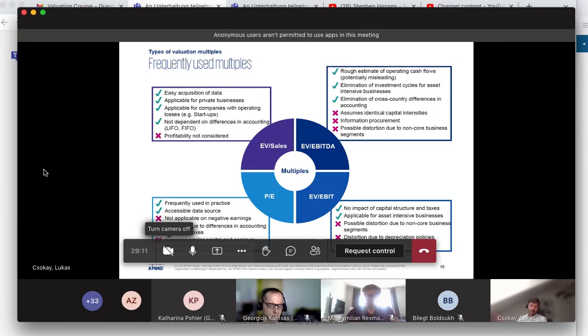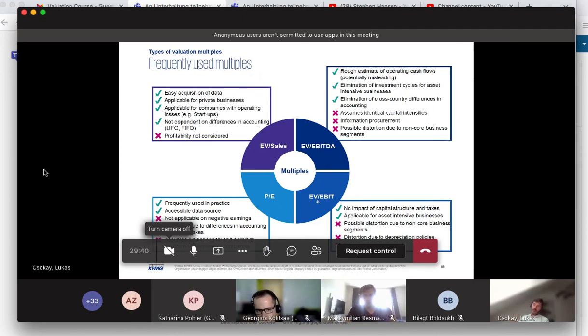I wouldn't say it's not possible to manipulate them, but sales figures are quite stable in these terms. But if you then deduct your costs, you could, as a company, apply certain accounting policies that you report more cost or less costs. So your EBITDA could be affected.